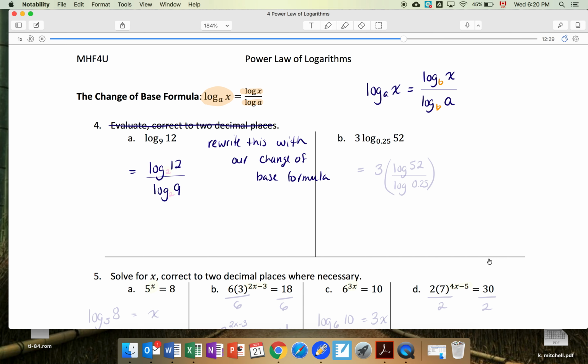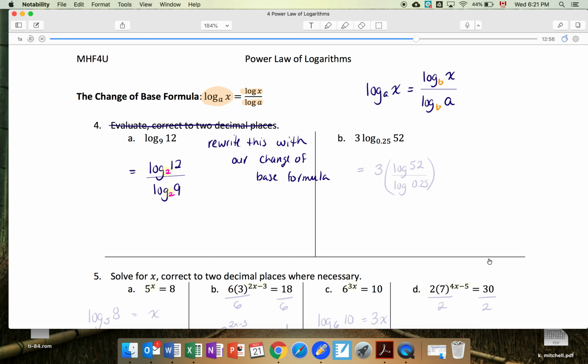And again, I chose to rewrite it with both of them being base 10. The only thing that I need to make sure that I'm careful of is that these are the same base. So if I chose to rewrite it as log base 2 of 12 divided by log base 2 of 9, that would also be correct. Whatever you choose the base to be is correct. It's just a matter of it being the same. And more often than not, we're just going to choose it to be base 10 because it's easier.